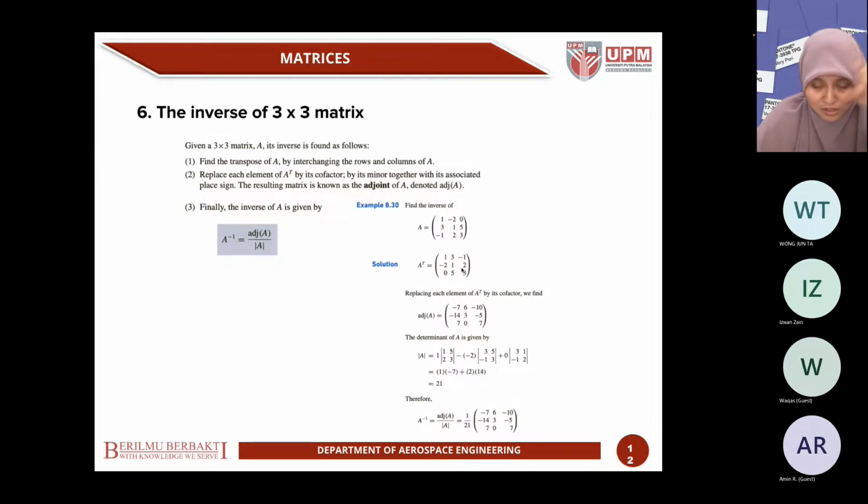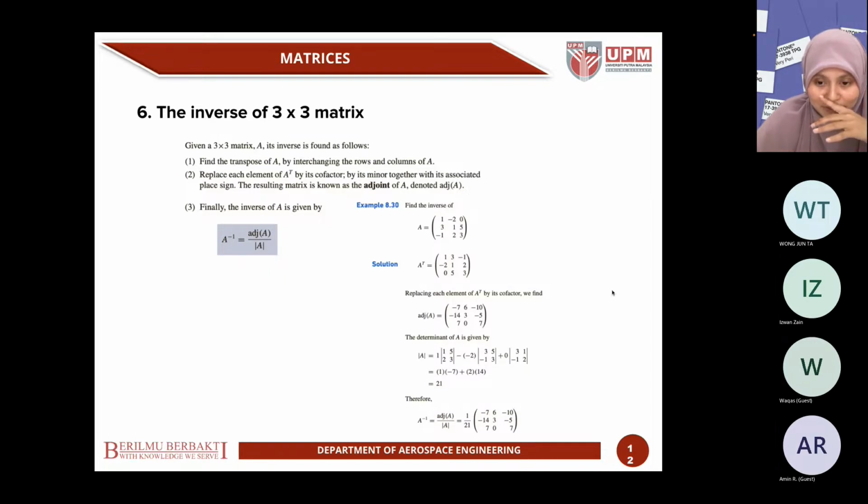Like we do the cross product for the determinants: 1 times 3, 3, minus 5 times 2, so 3 minus 10, you get -7. That is how you get the first component of matrix adjoint A, -7.